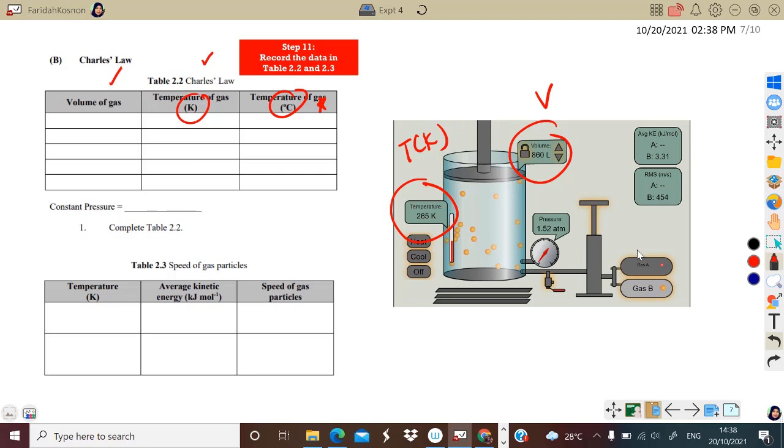Constant pressure yang inilah. Ini constant pressure. So, ikut you punya data. You buat tu macam mana. Okay, refer ke situ lah. Jadi sekarang untuk yang bawah ni tadi, sama juga. The temperature dalam Kelvin, kita ambil average kinetic energy daripada simulator.